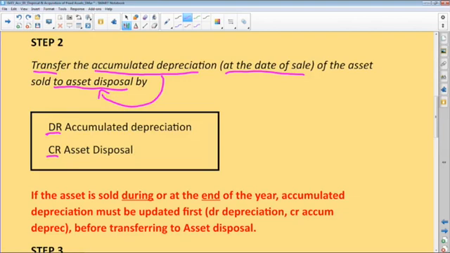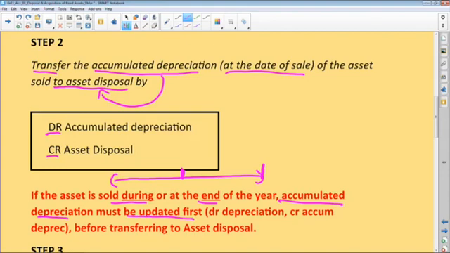Very, very important. If the asset is sold during or at the end of the year, so you're going to come across this, right? If the asset is sold either at the end of the financial year or somewhere during the financial year, accumulated depreciation must first be updated.